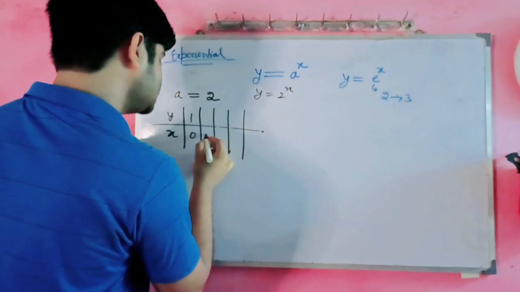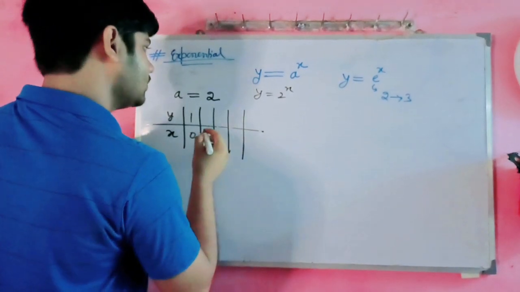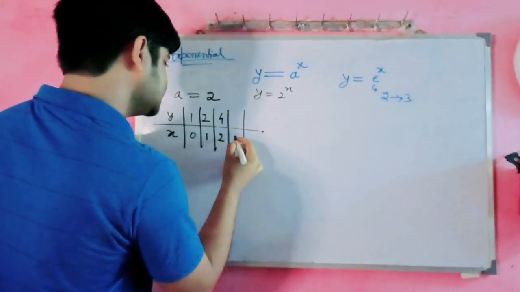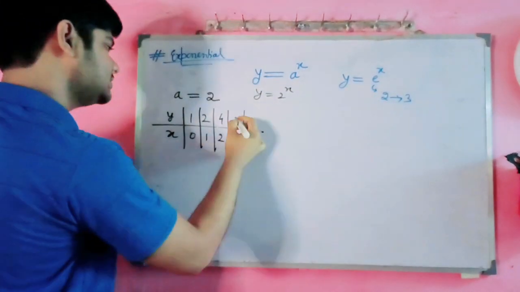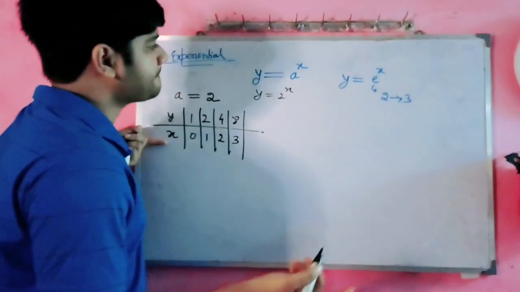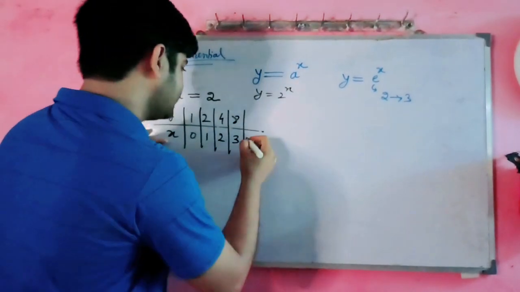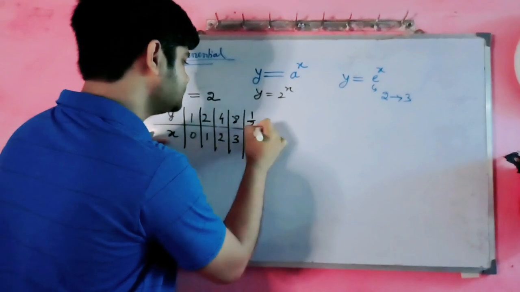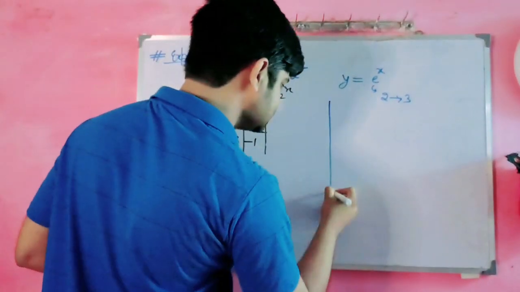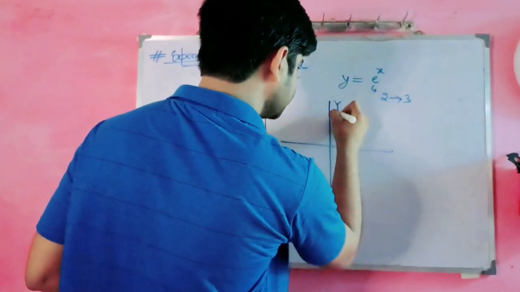When x equals 1, y equals 2, when x equals 2, y equals 4, and when it is 3, 2 raised to 3 means 8. When x equals minus 1, it will be 1 by 2, and we plot it, y versus x.